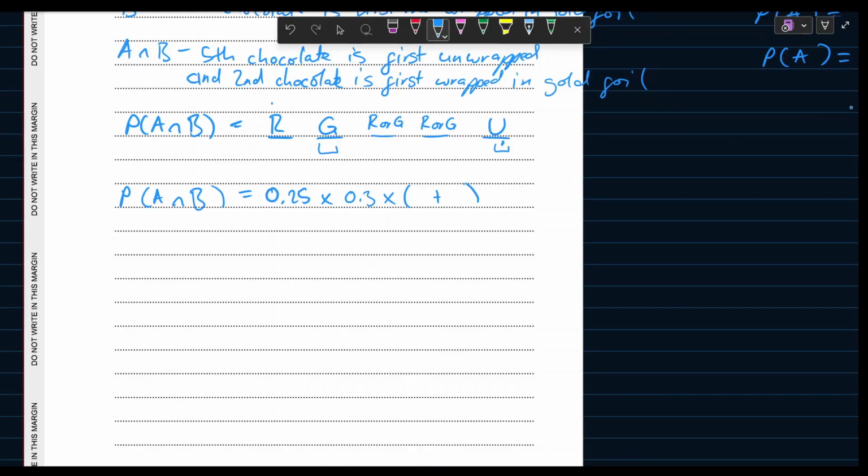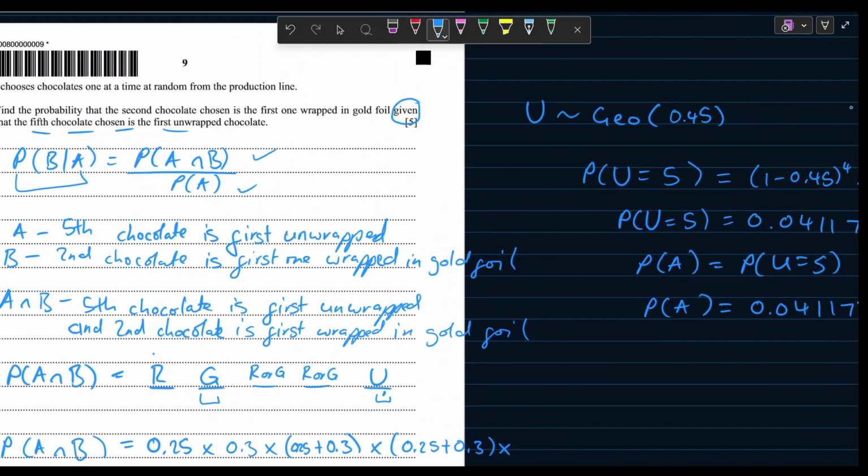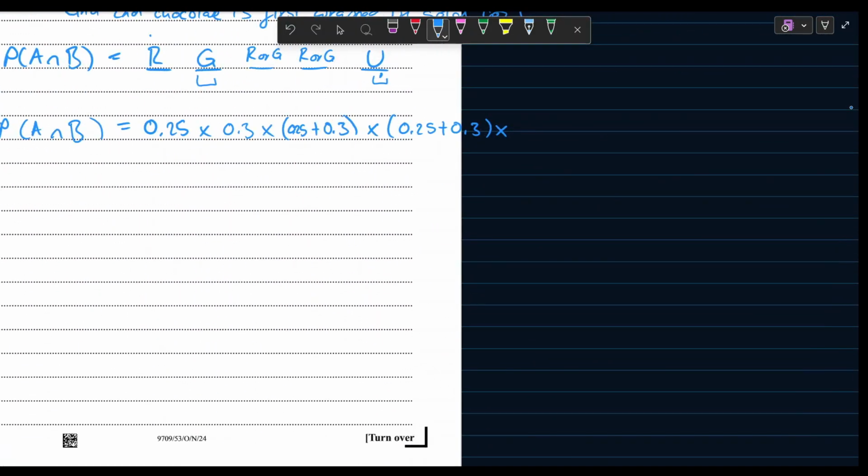Okay, so red is 0.25. Oh, this G is gold, not green. So that's 0.3 here. Multiplied by, again, we've got the same situation, 0.25 plus 0.3. And then finally, unwrapped. Unwrapped has a probability of 0.45.